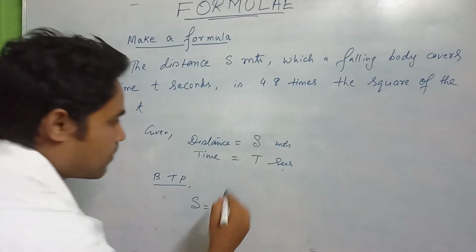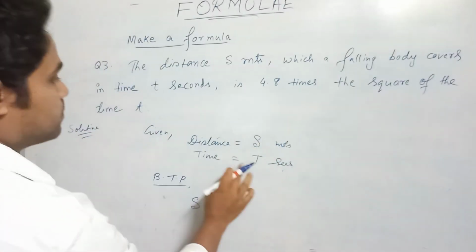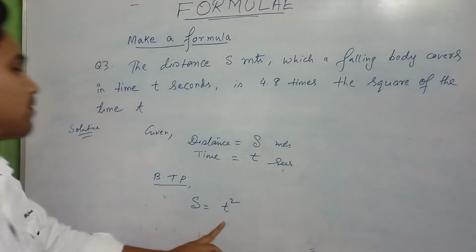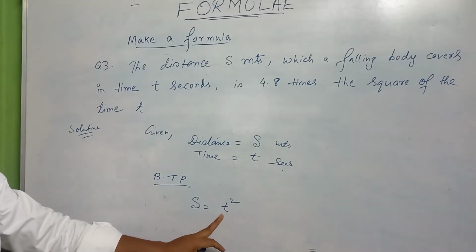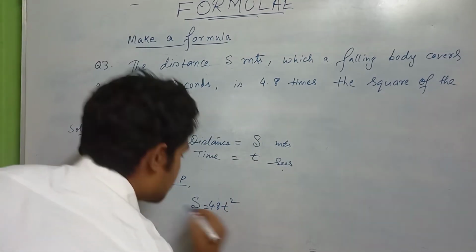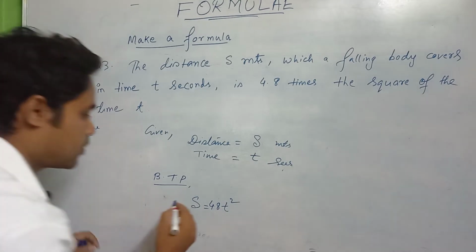Square of the time means t square. This is small t. t square, square of the time t, then multiplied by 4.8. So this is the required equation.